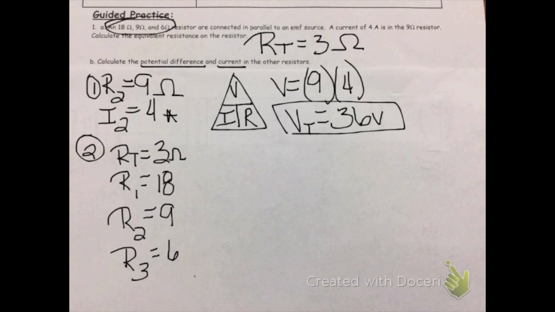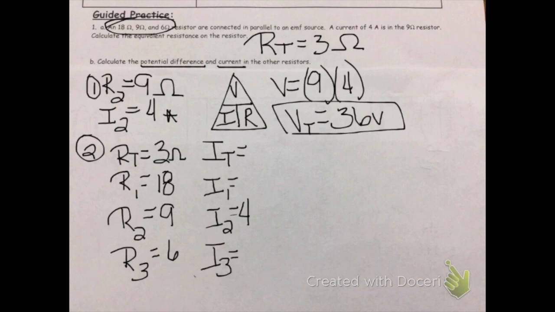So let's make a little graph. Let's look at our I's. We don't know our IT yet, so let's just leave that blank. I1, we're not sure about that yet. I2, well, we're told that I2 is 4. I3, we're not sure about that yet either.